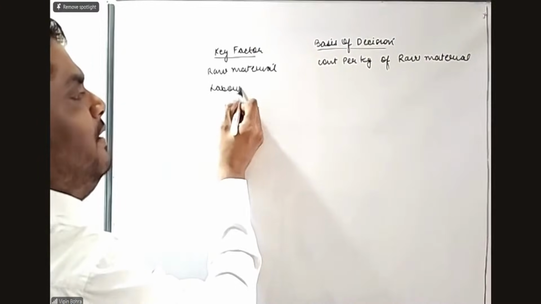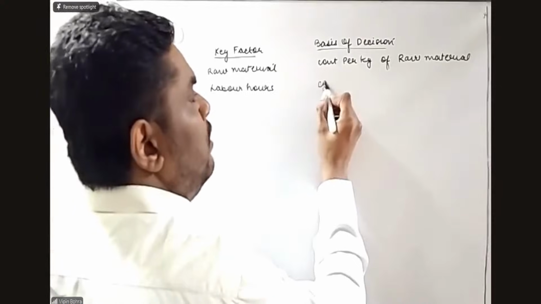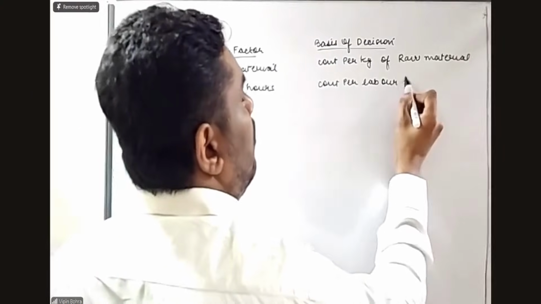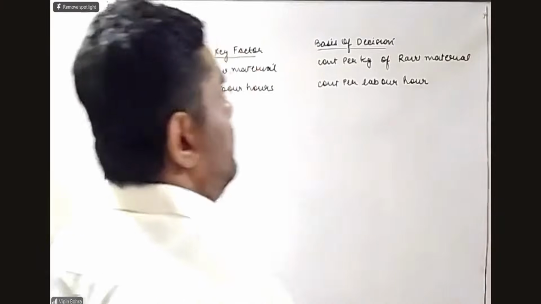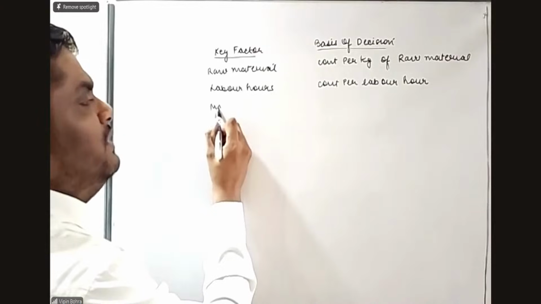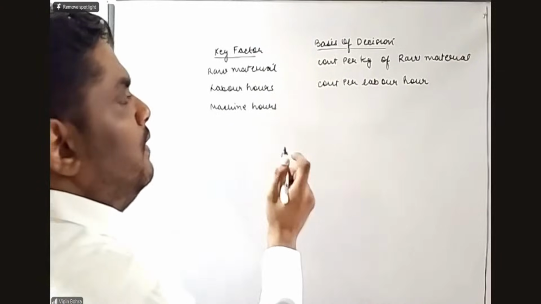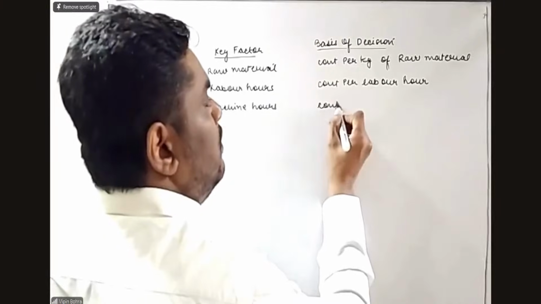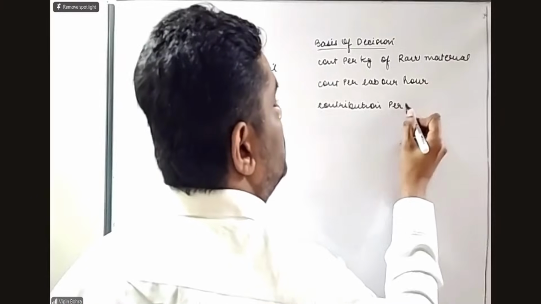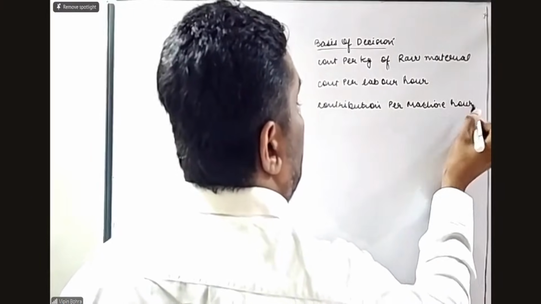If labor hours are my key factor, then the decision will be based on contribution per labor hour. Next is if machine hours are my key factor, then the decision will be based on contribution per machine hour.